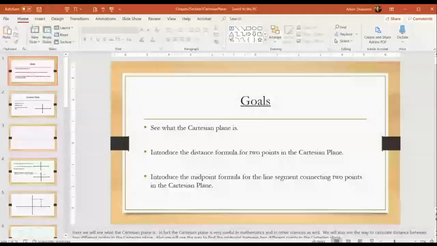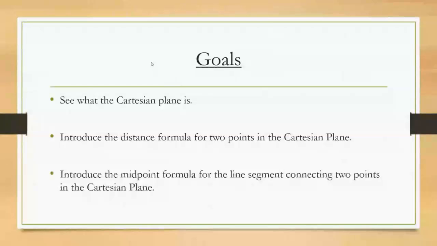What I'm starting with now is section 2.1, and that goes into the Cartesian plane. Basically, in section 2.1, one of the goals is to see what the XY plane, that is the XY coordinate plane, also called the Cartesian plane, is.